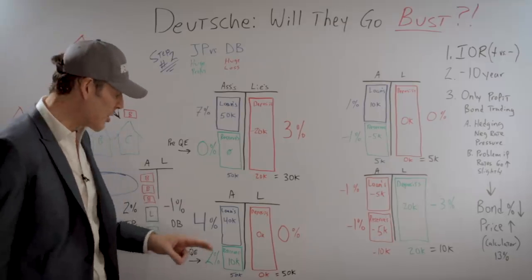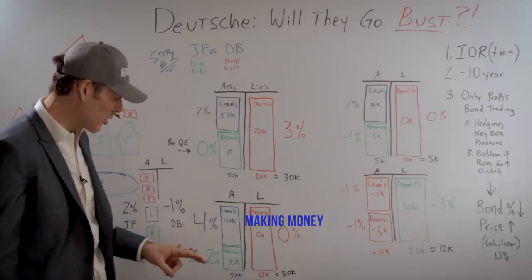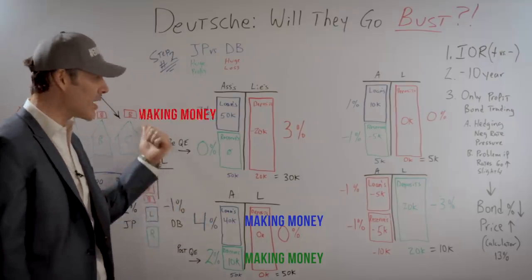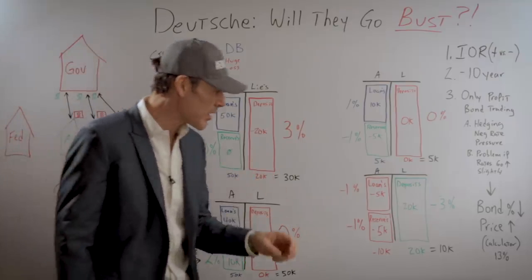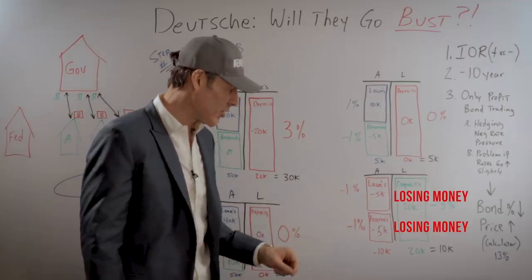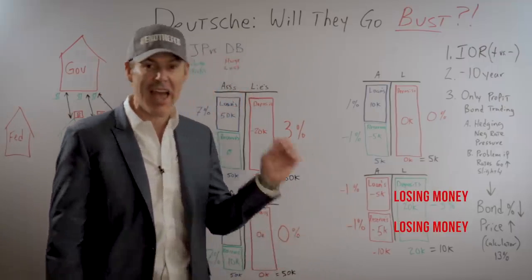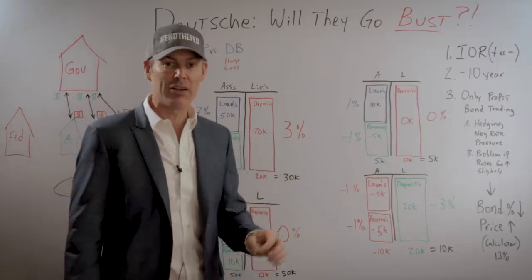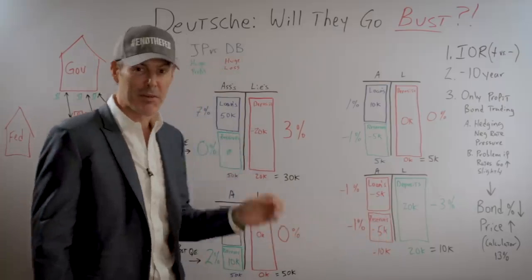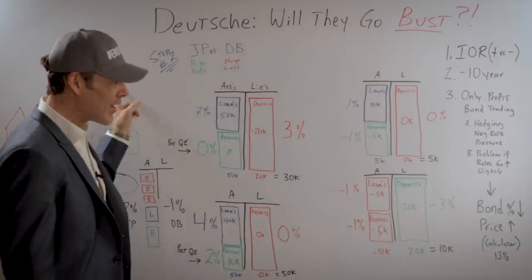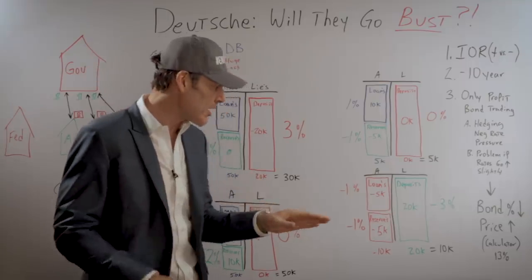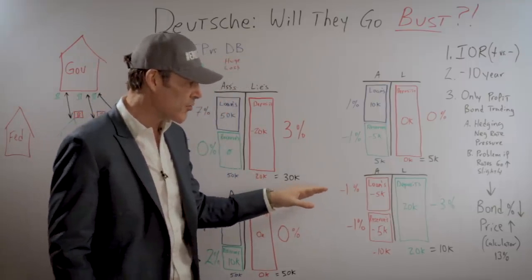In other words, JP Morgan is making money on the loans, making money on the reserves, and they're making money on the bonds, where Deutsche Bank is potentially losing money on the loans, definitely losing money on the reserves, and they're losing money in the form of interest that they have to pay the government to be forced to buy their debt.